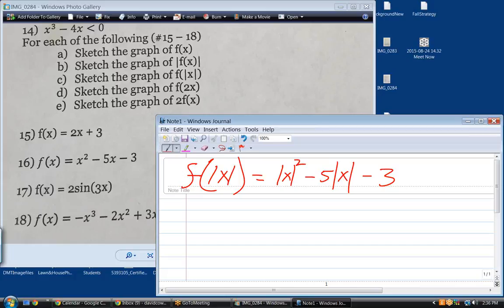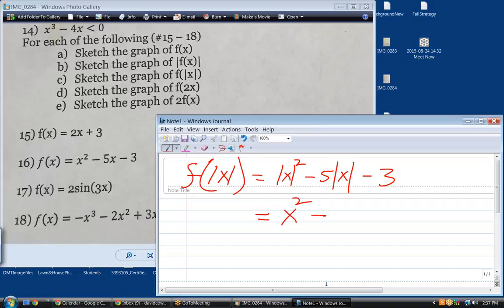Now, what does that actually translate to? Let me think for a second on this. In other words, clearly, this is still x squared. And this is always 5x? No, if x is negative, then it's minus 5x.